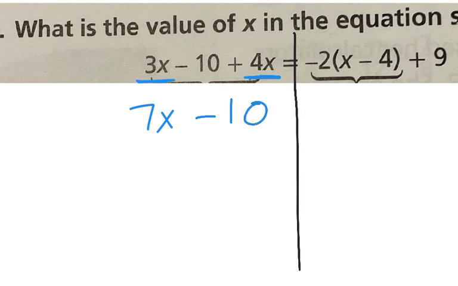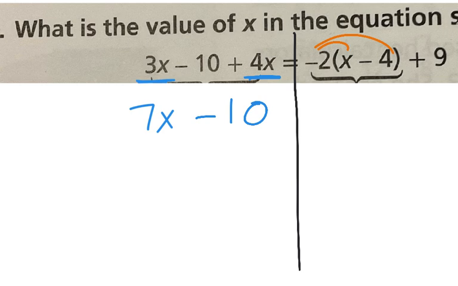Now on the right side, I need this x term to be freed so that I can then combine it with the 7x. I need to get them on the same side. So how can I get the x free from parentheses? This time I'm going to distribute, right, to get that out of parentheses.